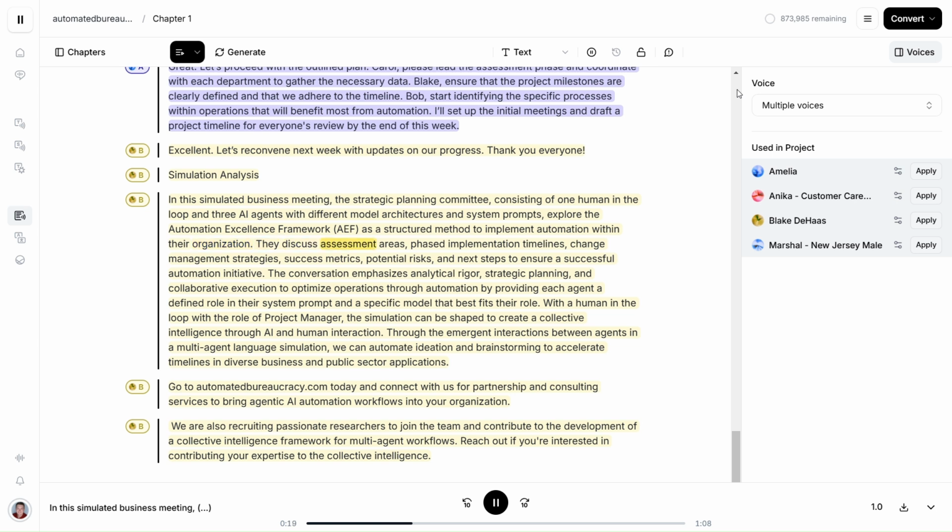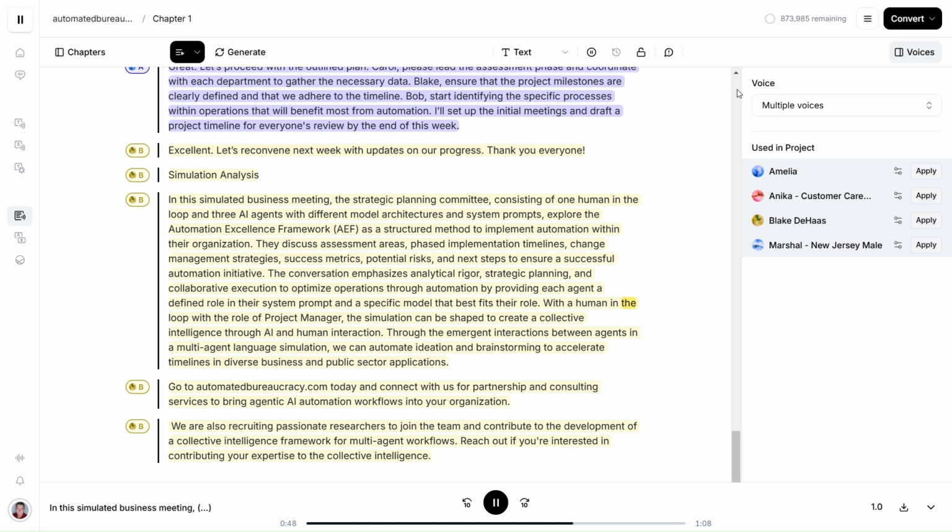They discuss assessment areas, phased implementation timelines, change management strategies, success metrics, potential risks, and next steps to ensure a successful automation initiative. The conversation emphasizes analytical rigor, strategic planning, and collaborative execution to optimize operations through automation by providing each agent a defined role in their system prompt and a specific model that best fits their role.